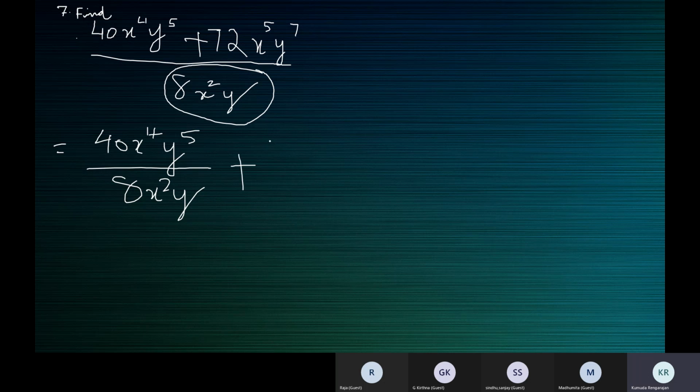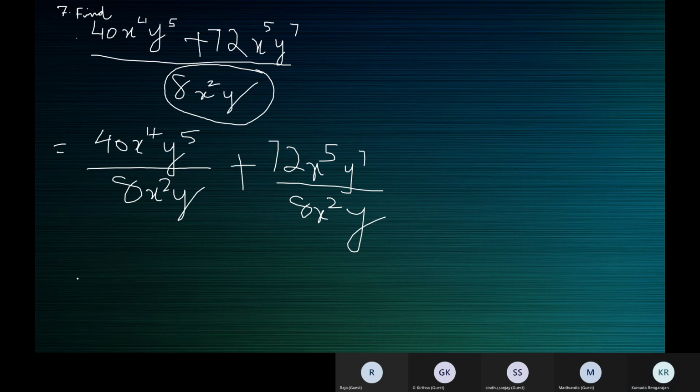Write the next term, 72x to the power 5, y to the power 7, divided by the monomial 8x squared y. If there was another term, write that sign, write the third term divided by 8x squared y. Another term, write the term divided by 8x squared y. This is how we divide an expression by a monomial.